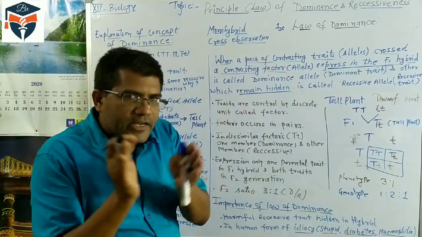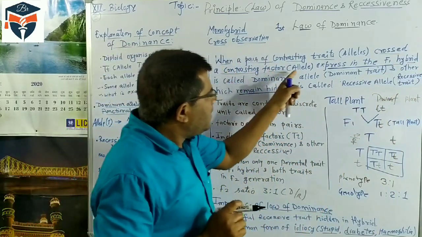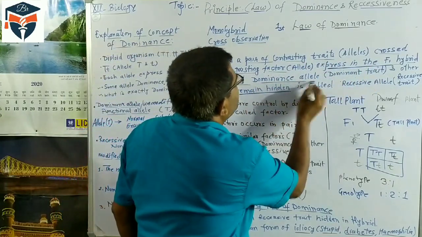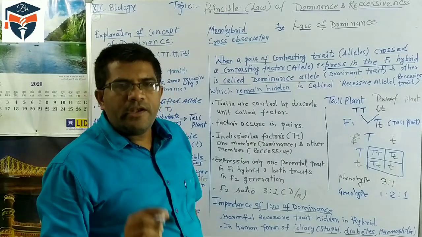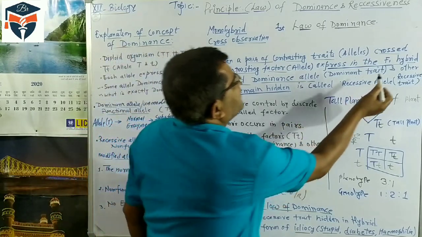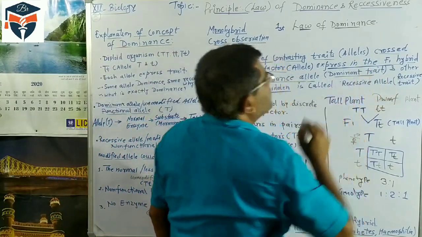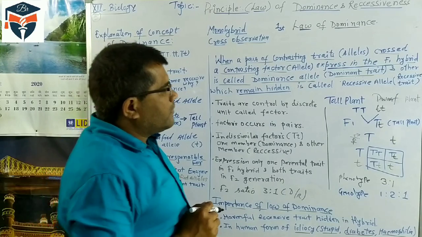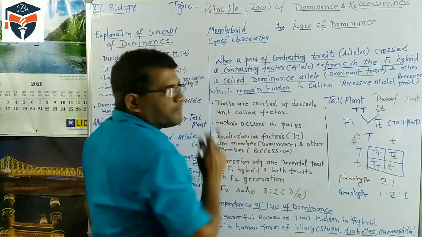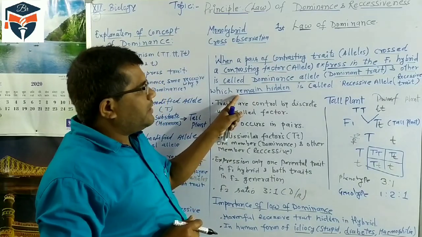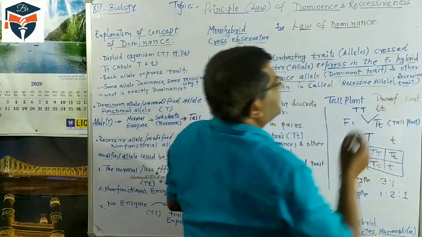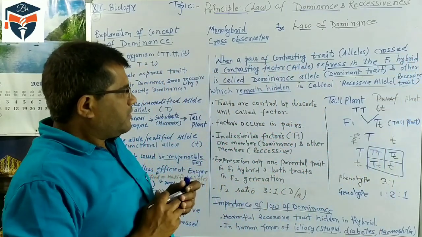The allele which is expressed in the F1 hybrid is called the dominant allele, and the characteristic of that allele is called the dominant trait. The other allele, which remains hidden, is called the recessive allele, and its characteristic is called the recessive trait.